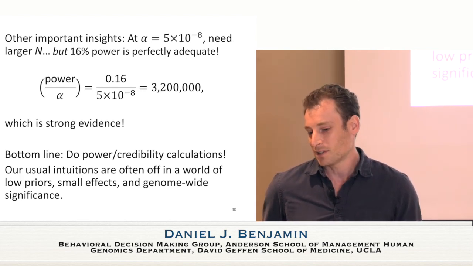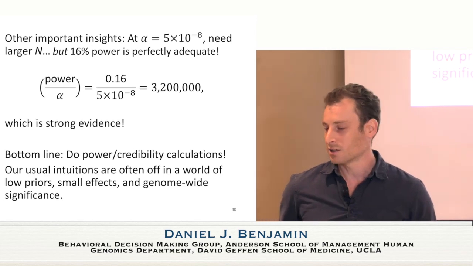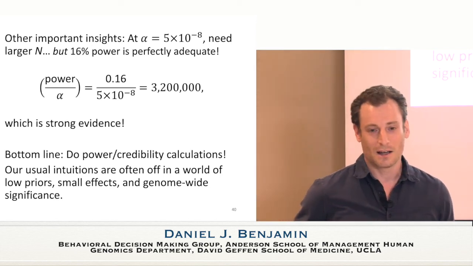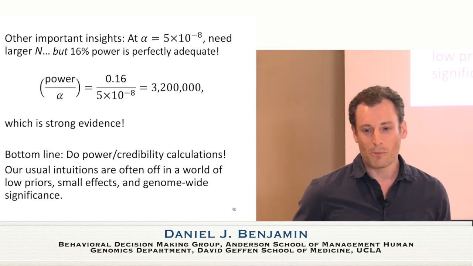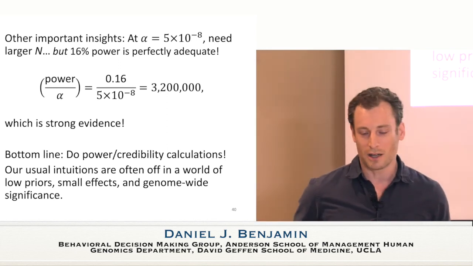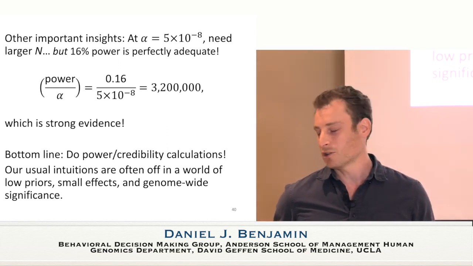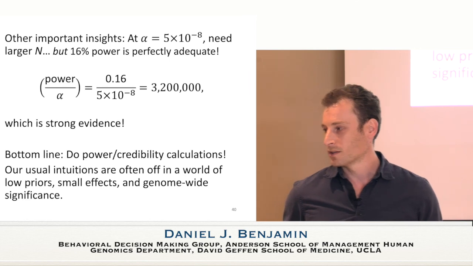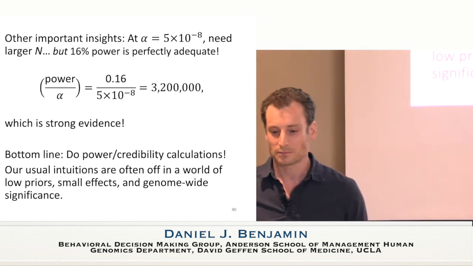A 15% R-squared for the latest polygenic index for educational attainment is almost as high as some of the strongest sociodemographic predictors of educational attainment, and much, much larger than what's been found for interventions designed to improve educational performance.